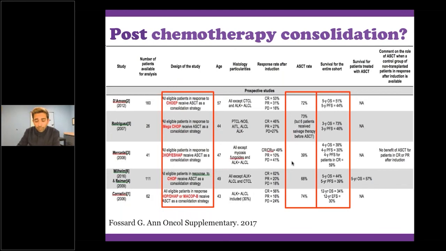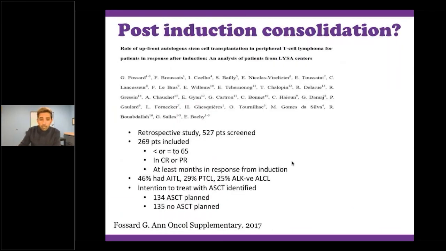So even though we do recommend transplant after initial chemotherapy, we do not know exactly if there is too much of a benefit by adding the transplant. Especially now that we have agents like brentuximab, we don't know if a transplant is really necessary.